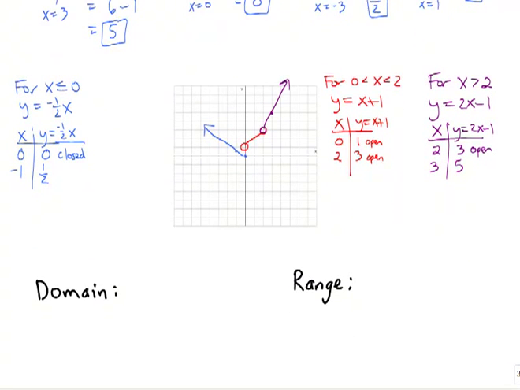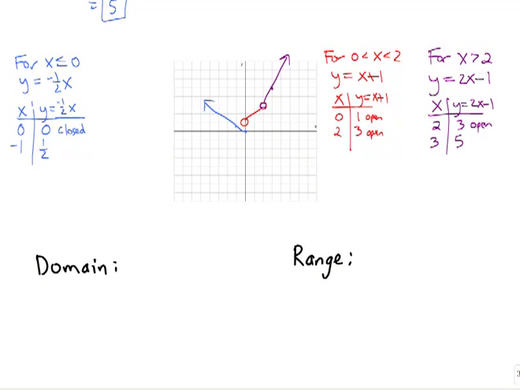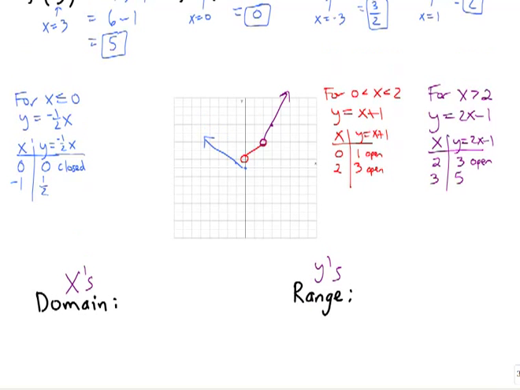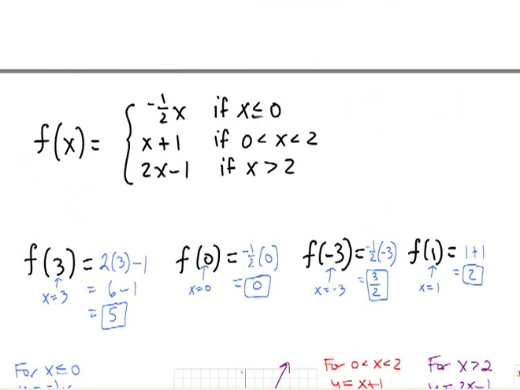Alright, to finish off, let's talk about the domain and the range of this same piecewise function. Domain is x's, range is y's, and remember there's an easy way to tell what your domain is. Just go back to the original function and look at the domain right from these inequalities up here. So my domain is all the x's that get included here.